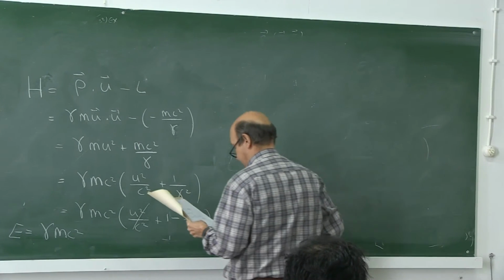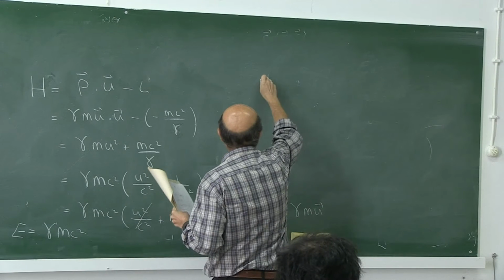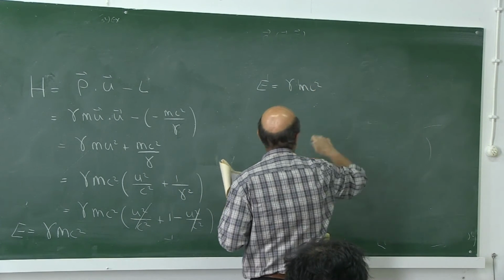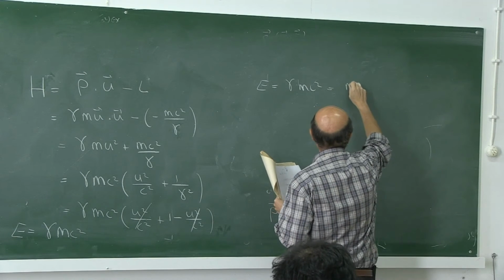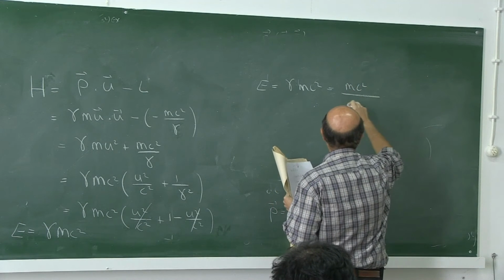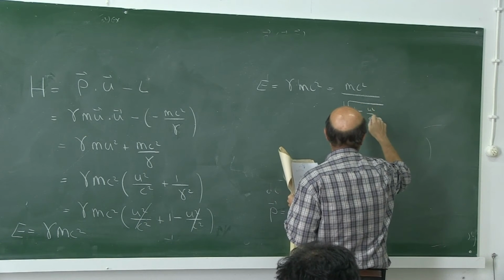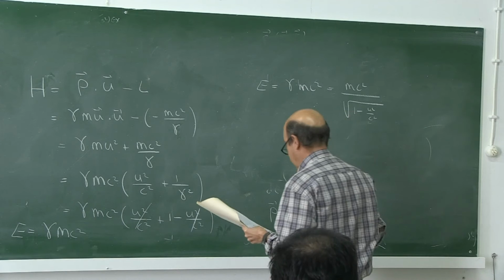So what is this? The relativistic energy is gamma mc squared, which is equal to mc squared over the square root of 1 minus u squared over c squared.